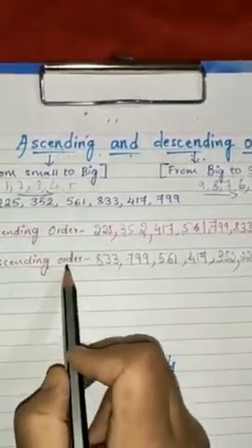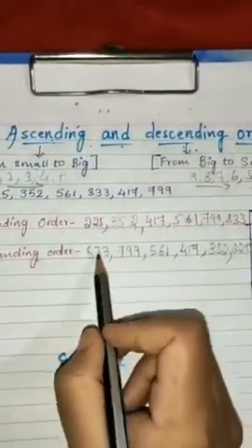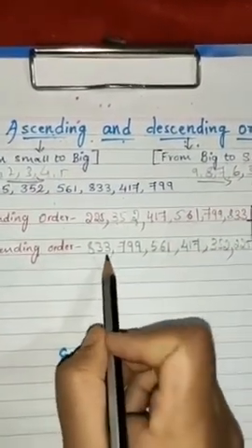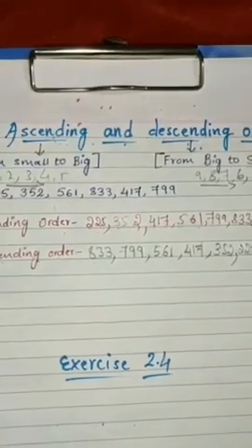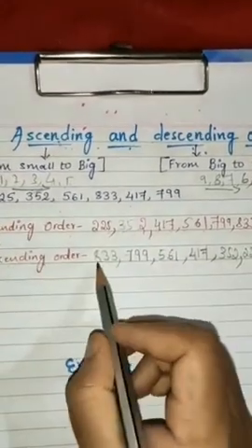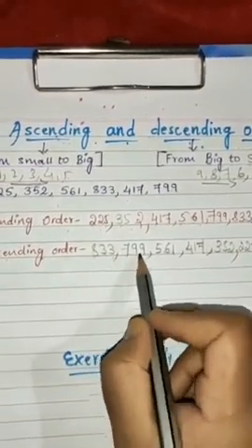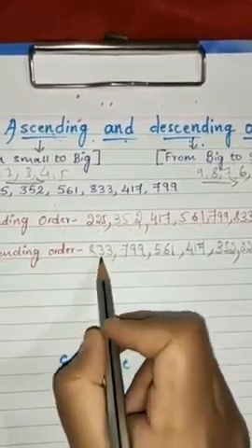Here in the case of descending, it is totally opposite. Right? It means we have to start writing the numbers from big to small, which we have done here. So 833. Next 799. 799 is smaller than 833. Right.